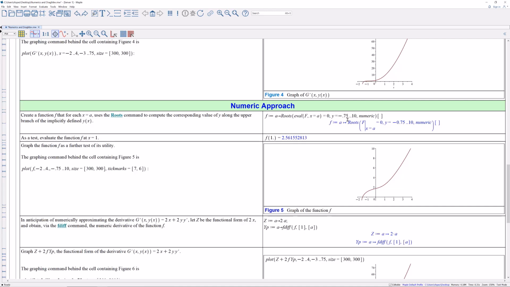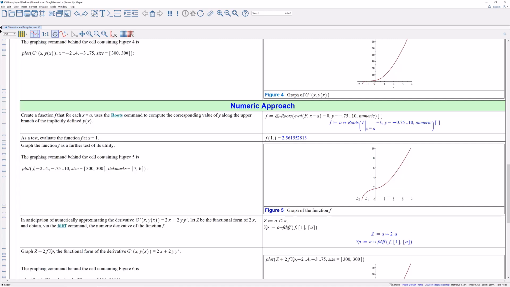So I'm finding the solutions between this value of y and this upper value of y. And that's why I needed to know where the turning point was, so that I could select pretty much exactly the upper branch.